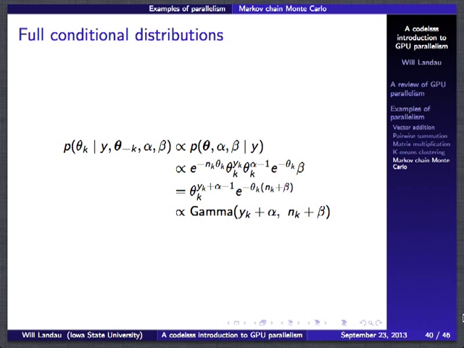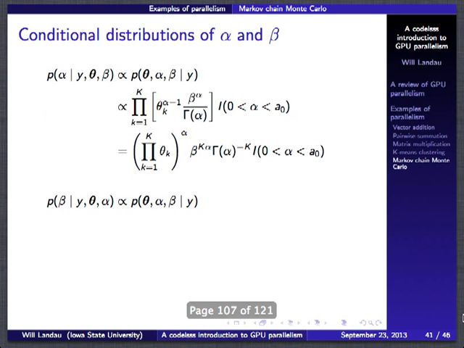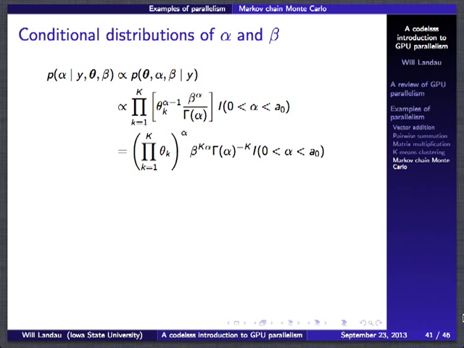I don't really have time to go over them. And the conditional distribution of alpha turns out to have this form. It's really not a nice form, so we use a random walk Metropolis to sample from that. That's another thing that requires its whole entire unit to teach in a statistics class.